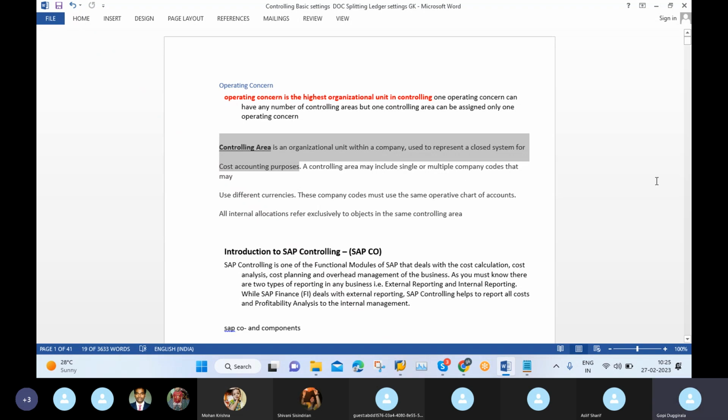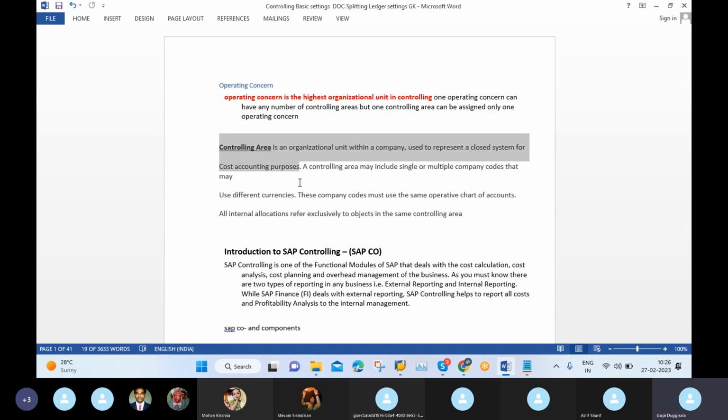It is used to represent a closed system for cost accounting purposes. Why are we using controlling area? It means for management accounting or cost accounting purposes we can use the controlling area. And that too, controlling area we can set up within a company, not within a company code.